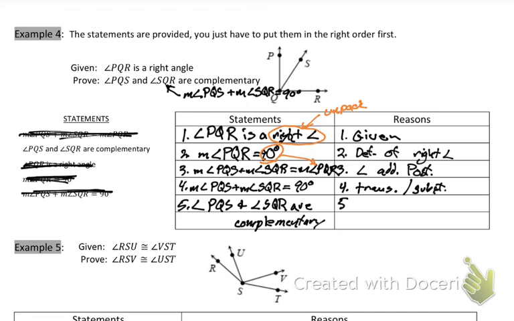Why, if I showed they equal 90 degrees, can I then say it's complementary? Because we always have to have a reason. Definition. Thank you. Nice job. It is the definition of complementary. Definitions work both ways. If you know the definition, you know how it works both ways. So this would be the definition of complementary.